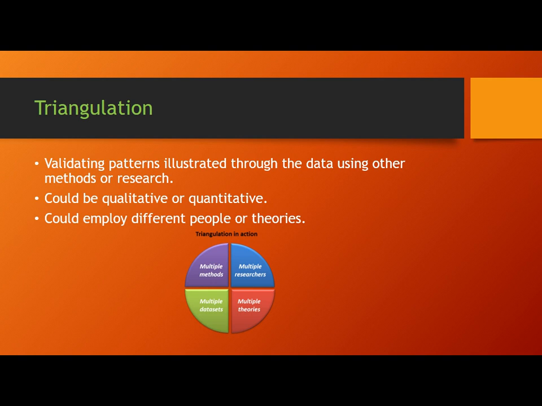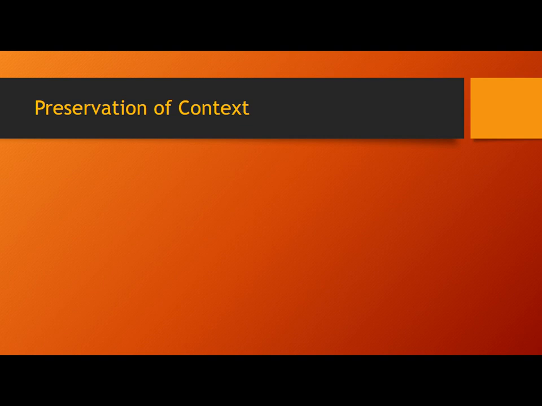The theme is that relying exclusively on your own type of study can sometimes be short-sighted. It's very helpful to sometimes find something adjunct to it that's also looking at the same thing and maybe having the same or even different ideas about it. Again, credibility is king or queen when it comes to qualitative data.